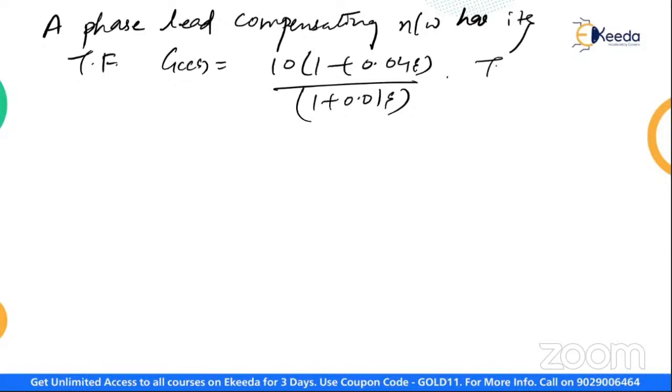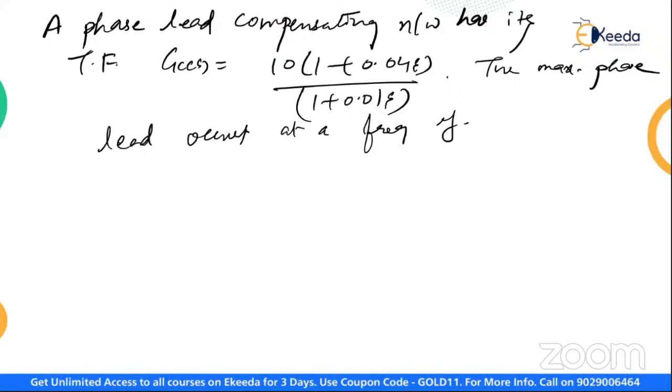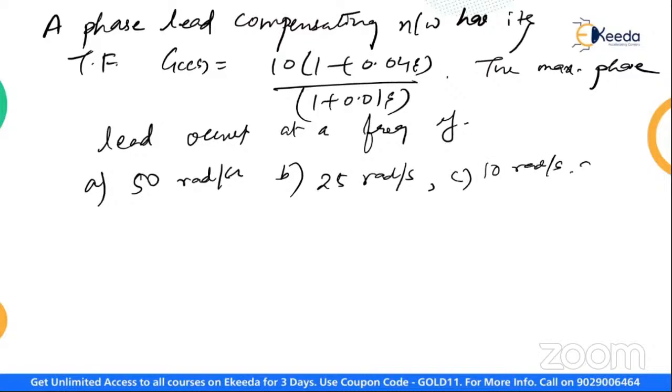Then they are asking the maximum phase lead occurs at a frequency of, and they have given options. Option A 50 radians per second, option B 25 radians per second, option C 10 radians per second, and option D 4 radians per second. So they are asking you to find out at what frequency the maximum phase lead occurs.